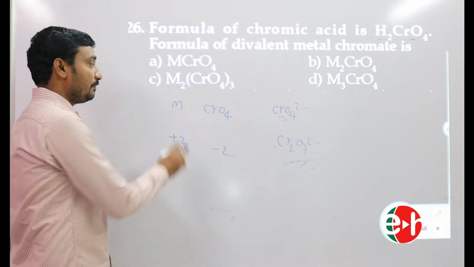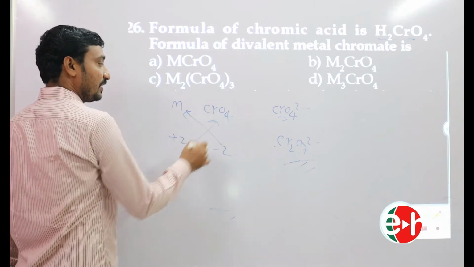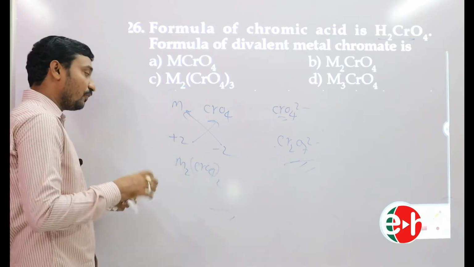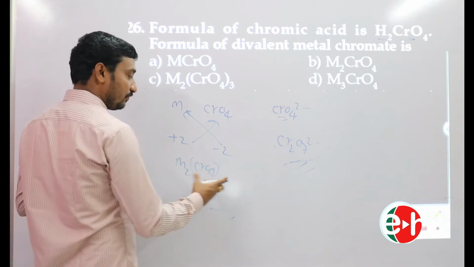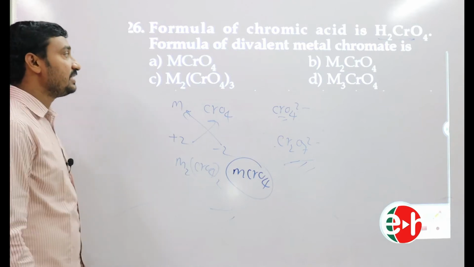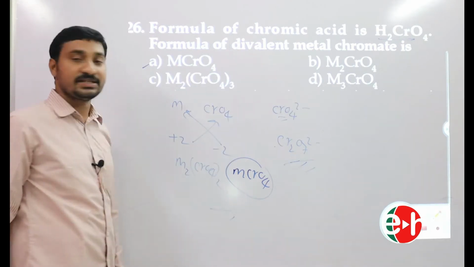So metal chromate: M2(CrO4)2. Simplest ratio 1:1, then MCrO4. Hence option A is correct.